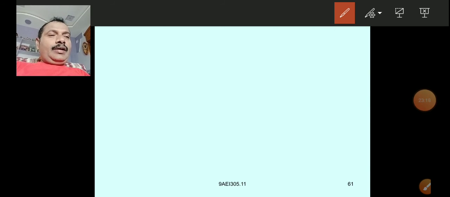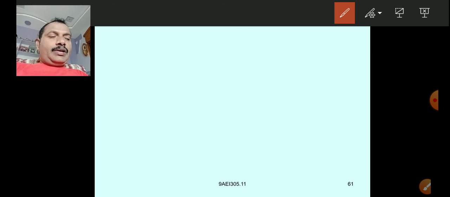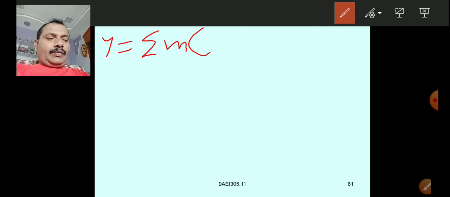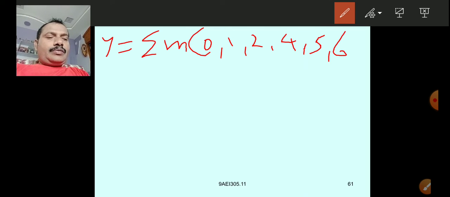Now let us take another example, a 4 variable example. Consider the Boolean expression like this: y equals to sigma m 0, 1, 2, 4, 5, 6, 10 and 14.